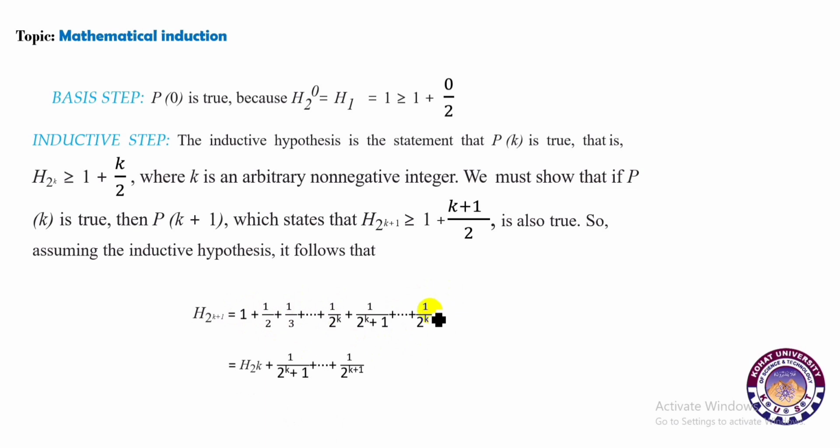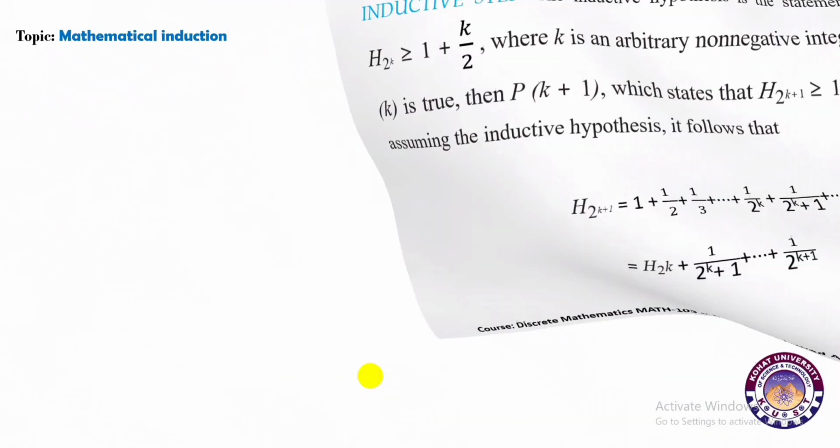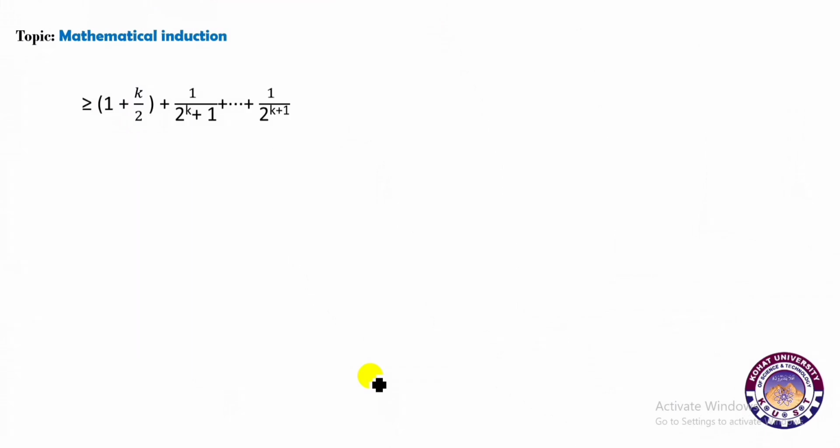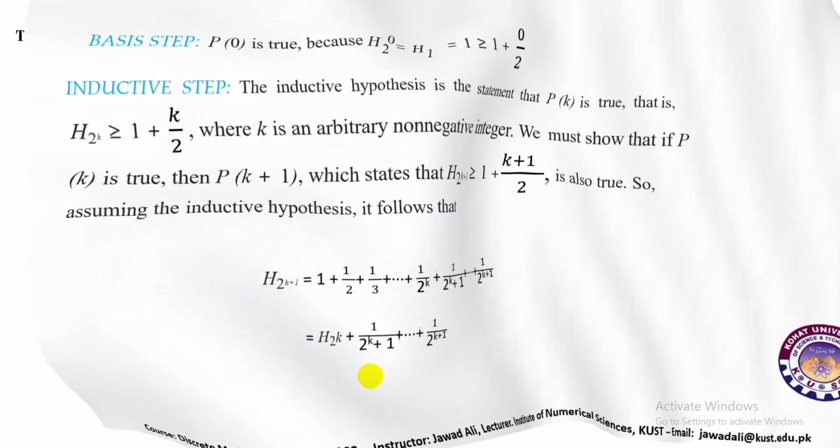Further, this sum, that is 1, 1 over 2, 1 over 3, up to 1 over 2 raised to the power k, again according to harmonic numbers, can be replaced by H subscript 2 raised to the power k, plus 1 over 2 raised to the power k plus 1 and so on up to 1 over 2 raised to the power k plus 1, which is greater than or equal to 1 plus k by 2.